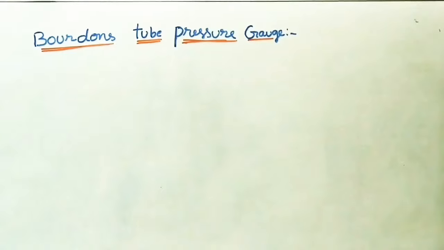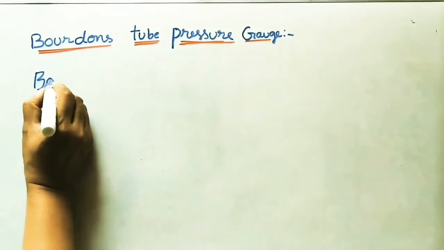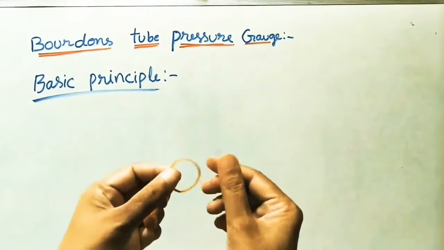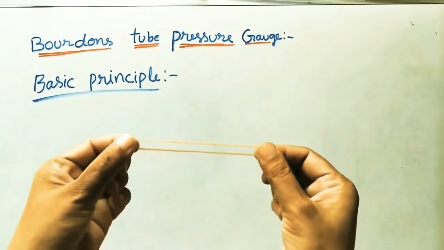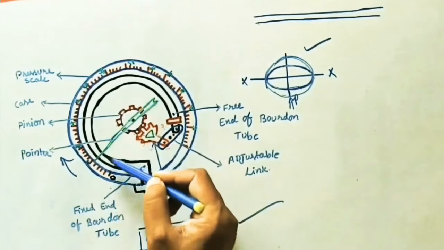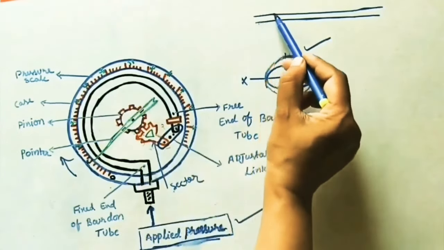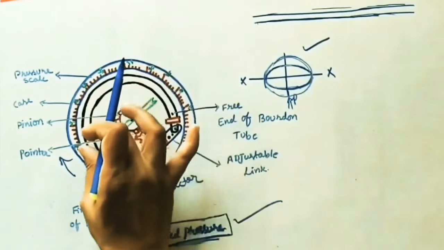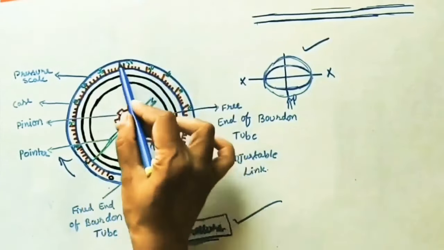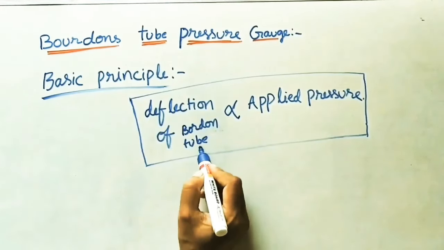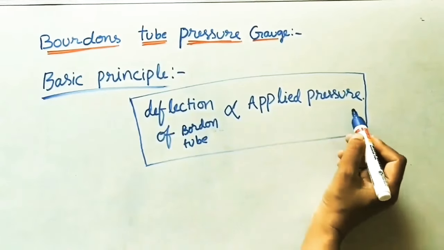Let us take the basic principle of this gauge. The Bourdon tube is made of elastic material. As we know, elastic material can elongate when pressure is applied. This type of material is used for the Bourdon tube. The tube is actually linear, but we keep it in a circular form. In the basic principle, deflection of the Bourdon tube is proportional to the applied pressure.